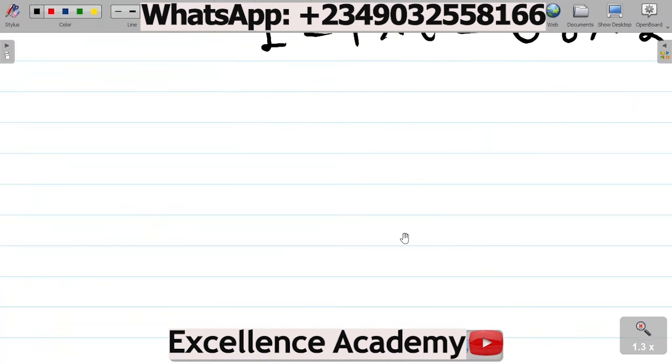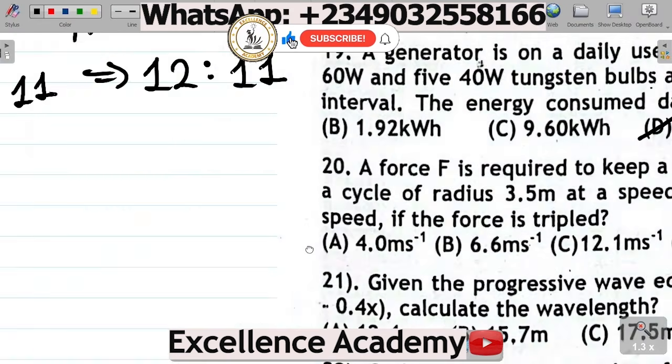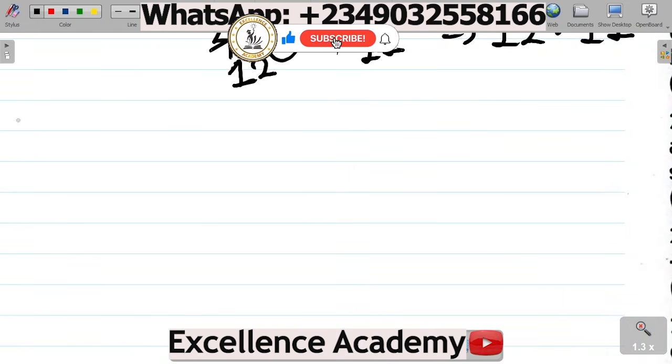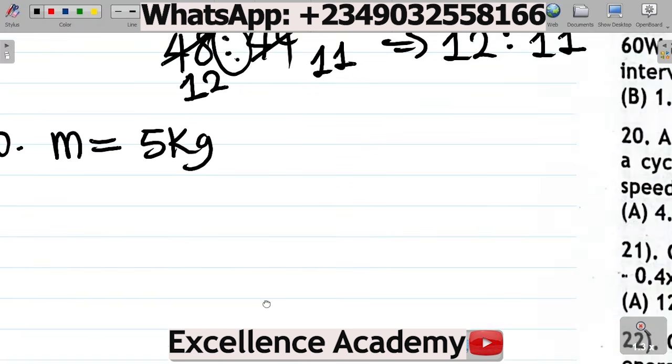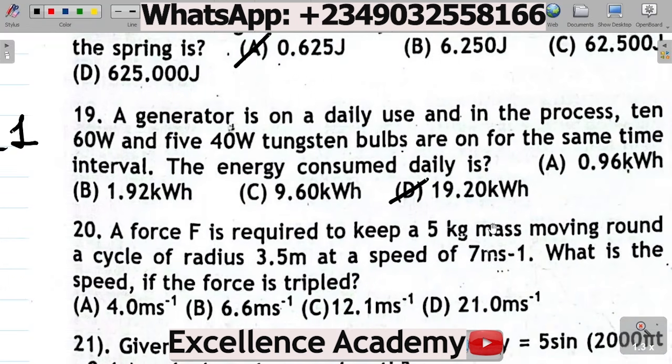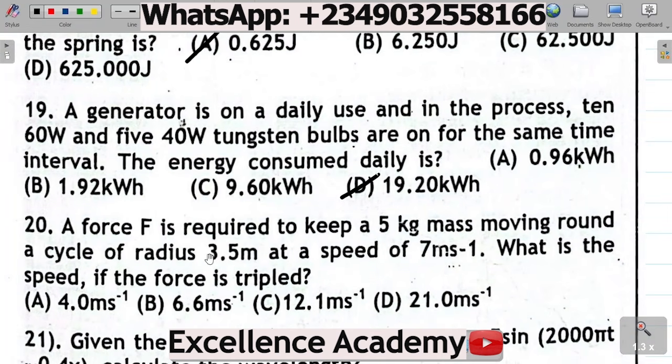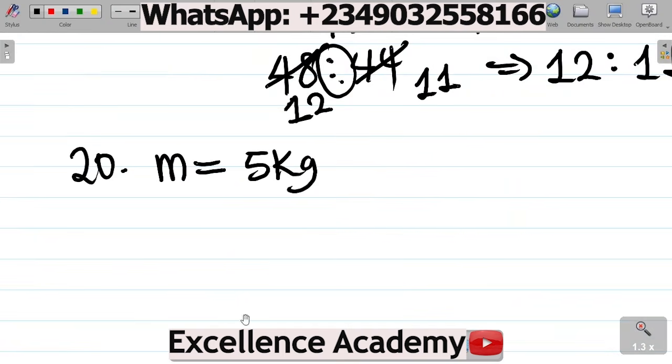Let's take in values. For question number 20, the first thing you're given is a mass M. The mass is 5 kilograms, so M is 5 kg. Again, they said a circle of radius 3.5 meters, so R is equal to 3.5 meters.